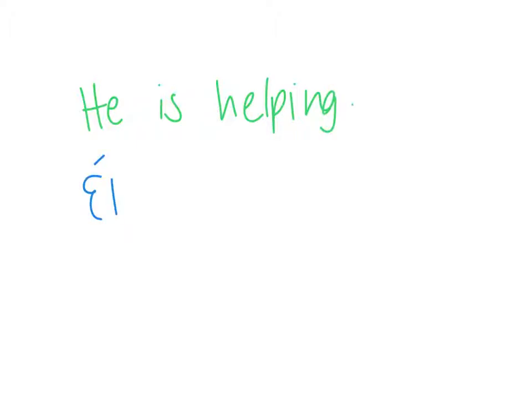Alright, what about this? He is helping. So we have él, then my present conjugation of estar for he, which is está, and then my present participle. Well, what is the verb for to help? Ayudar is to help.